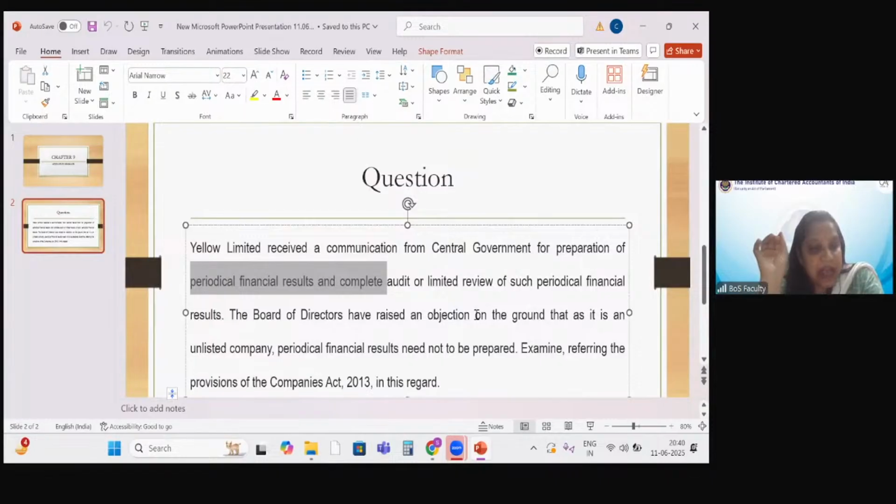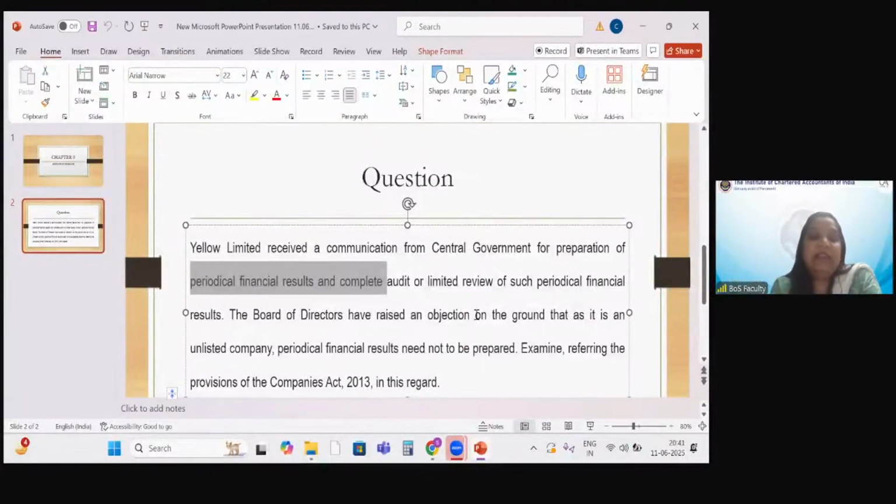When we are writing any answer in law, first you have to give the provision. This is for section 129, 129A. If you are not remembering, this is completely fine. You can just write as per the provisions of the Companies Act 2013.